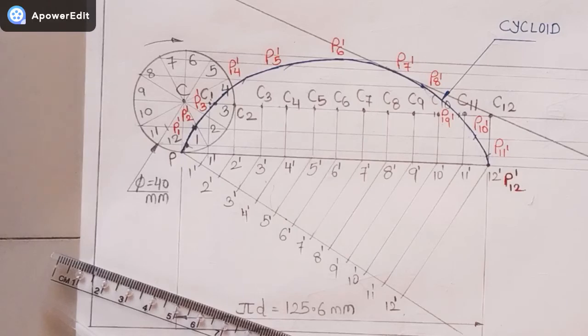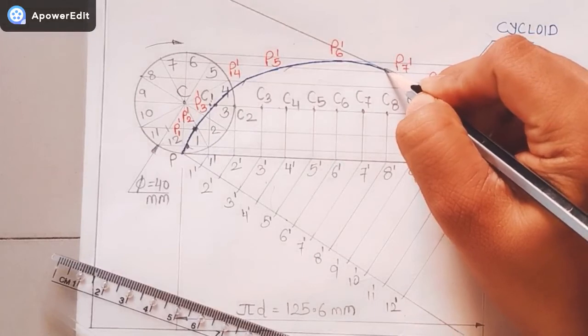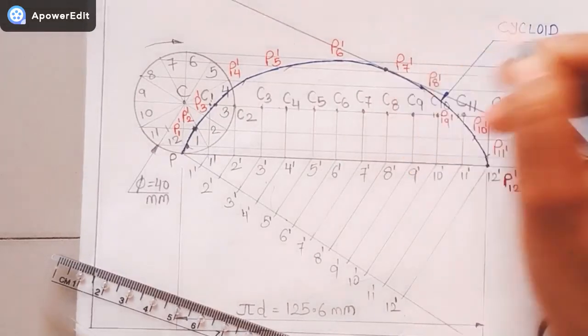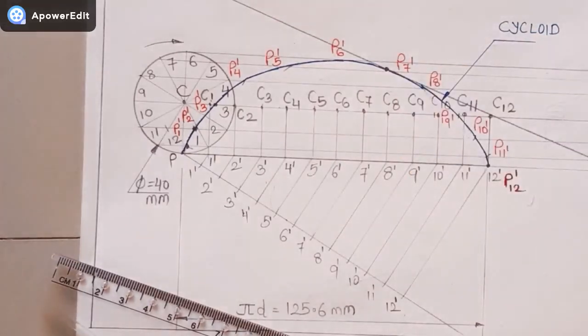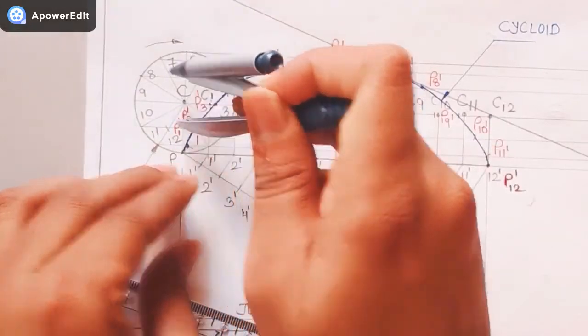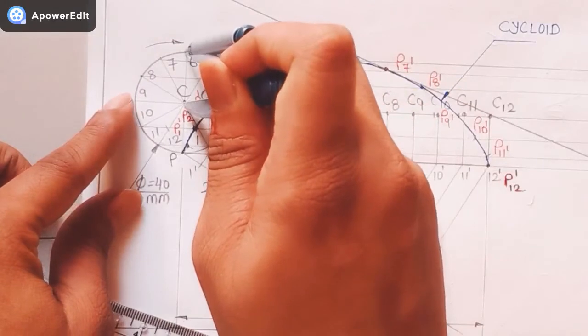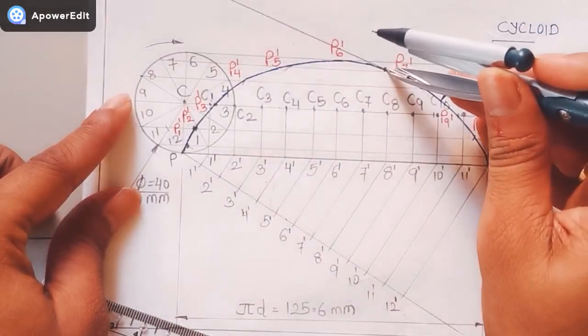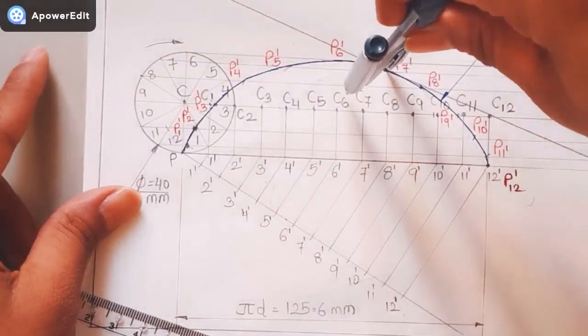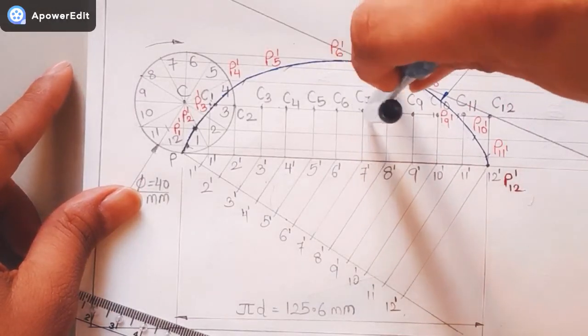Right, after drawing this, I will mark a point on this curve. I have marked a point on this curve. From this point, I will draw an arc which will be equal to the radius of the circle, that will cut somewhere at this point.